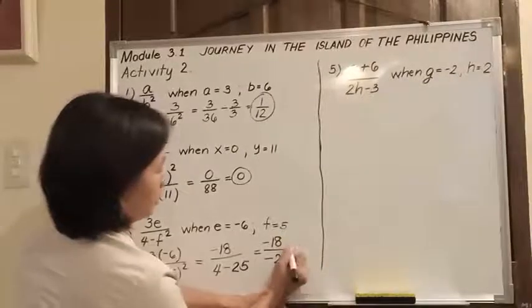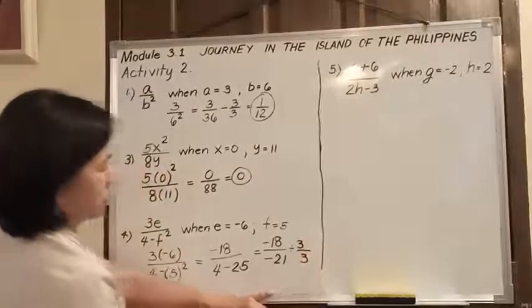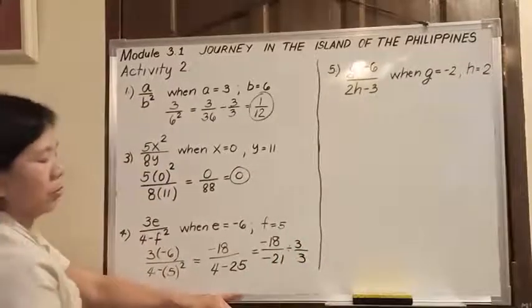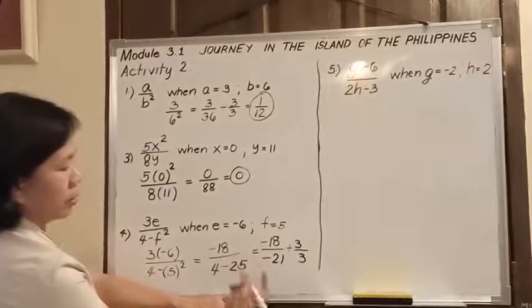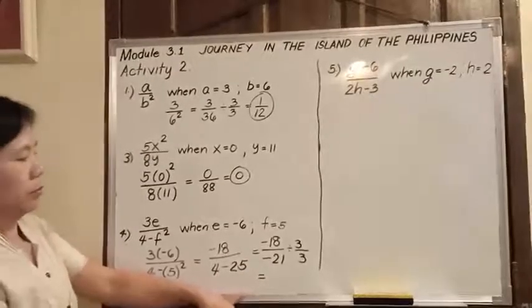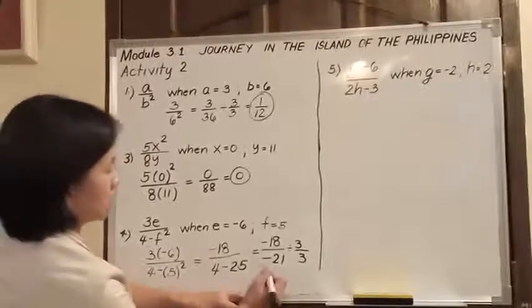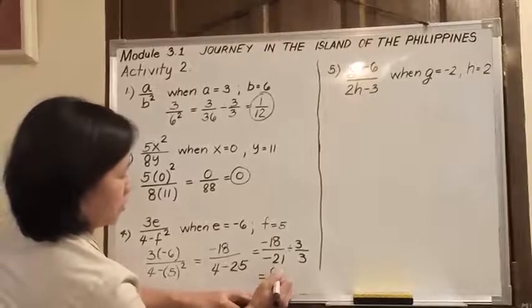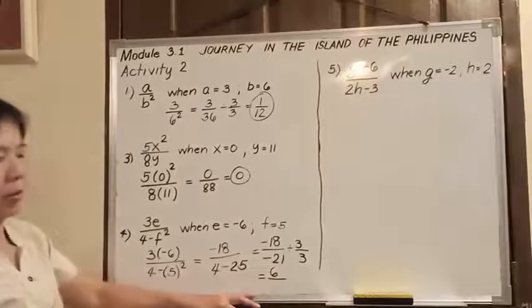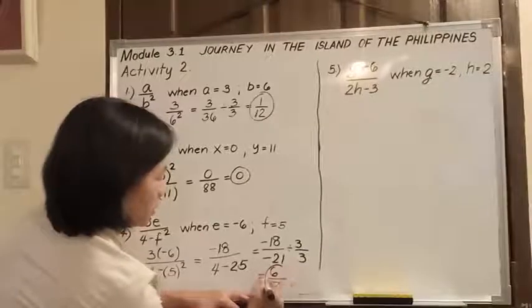So, we will divide this by 3 over 3. You get the lowest term. So, negative divided by negative is positive. So, the value should be positive because of the same signs. 18 divided by 3 is 6. Positive 6. And 21 divided by 3 is 7. So, the answer is 6 over 7.